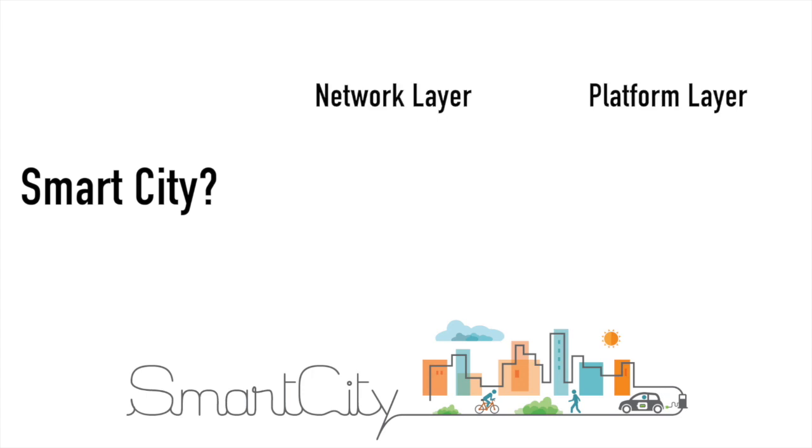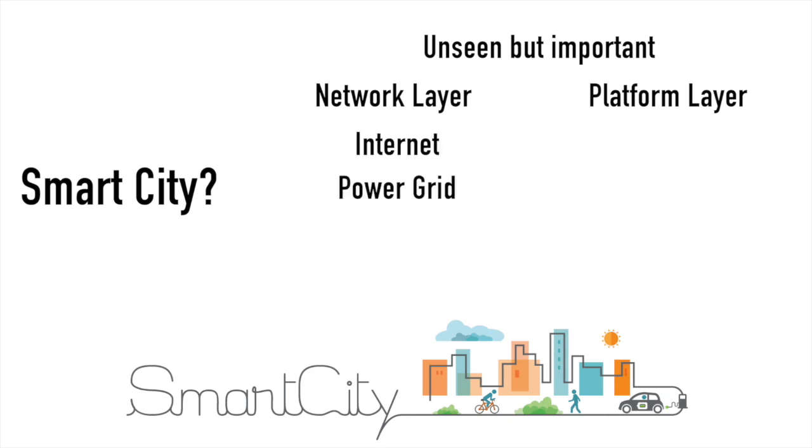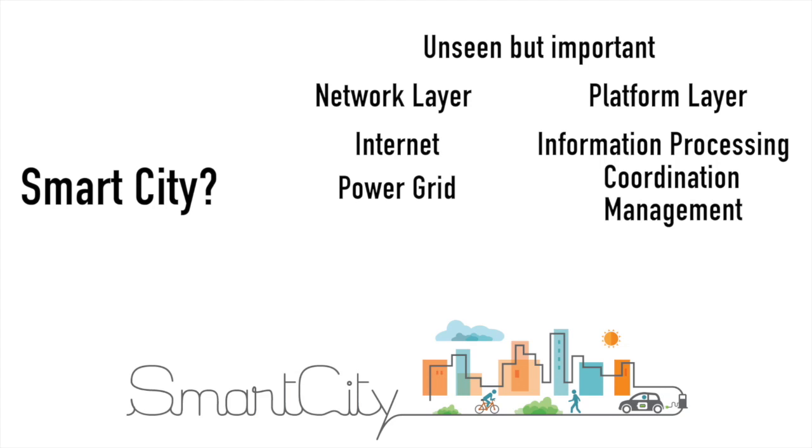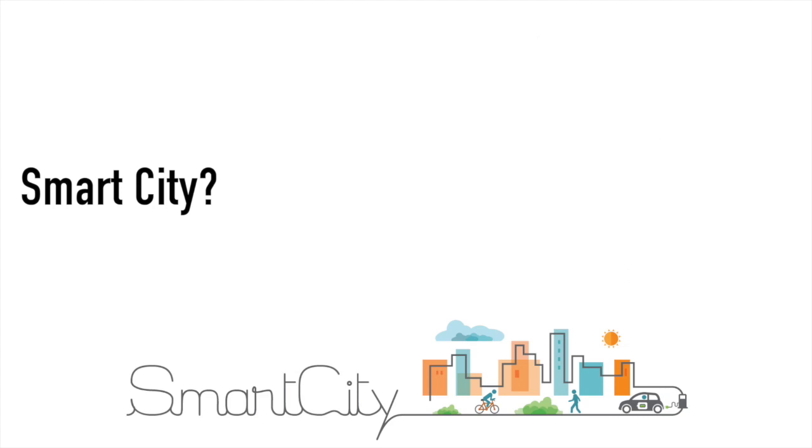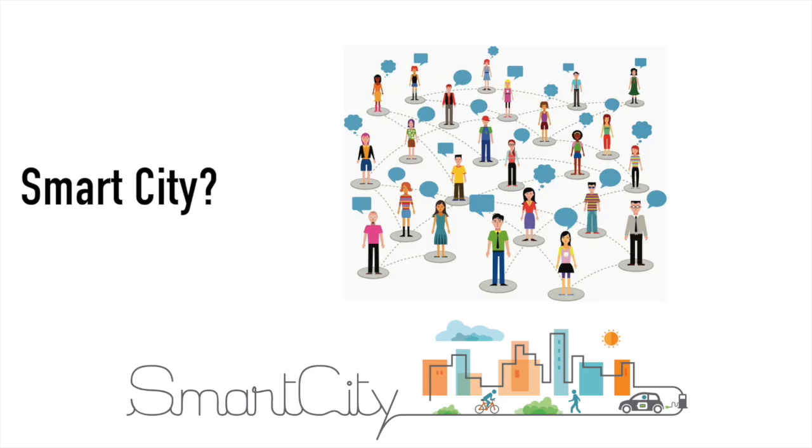The network layer and the platform layer are more behind the scenes, but are perhaps even more important, as this unseen layer controls everything. The network layer refers to the internet, the power grid that is connecting all of these devices. The platform layer is the management of this network layer and refers to the information processing, coordination, management, storage, security, and control. All of these things come to work to make citizens' life more connected, more convenient, safer, and much more secure. It is definitely a bright future ahead.